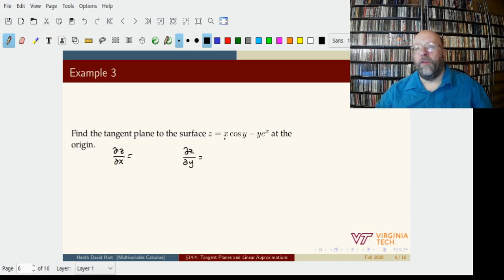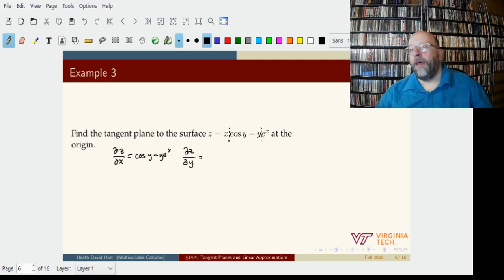With respect to x, the derivative of x is 1, and cosine y doesn't change, so this is just going to be 1 cosine of y. And over here, the derivative of e to the x is e to the x, and y doesn't change, so this is going to be y e to the x. I'm only taking the derivative of the terms with the x in it.